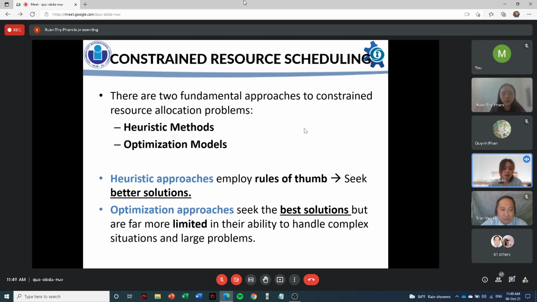There are two fundamental approaches to constraint resource allocation problems, namely heuristic methods and optimization models. While heuristic approaches employ rules of thumb and seek better solutions, the optimization approaches seek the best solution. However, it is still far more limited in the ability to handle complex situations and large problems.